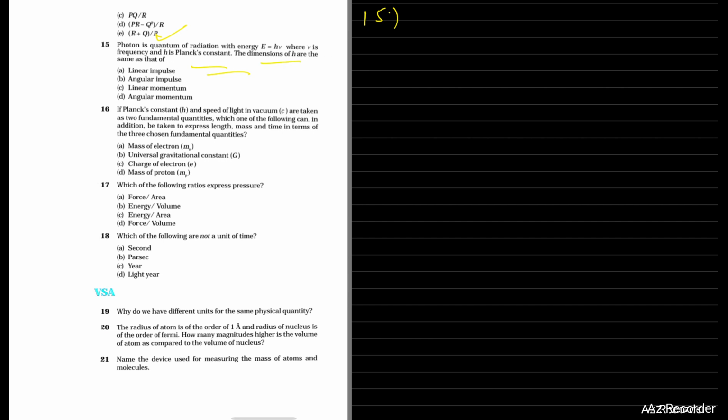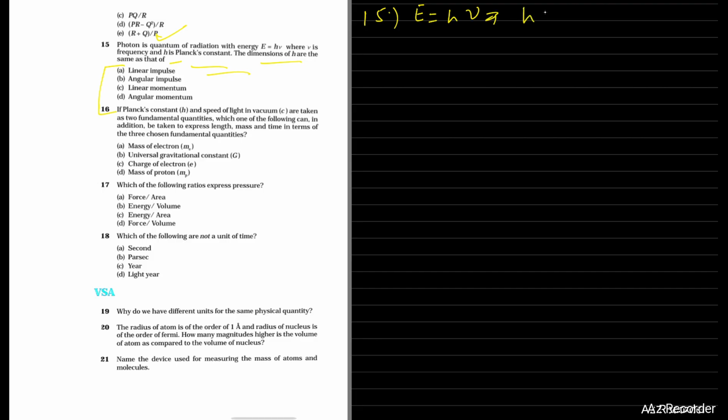The dimensions of h are the same as that of, meaning the dimensional formula for h, whichever fits out of these four options, we will find. One by one. First of all, we will find the dimensional formula for h.